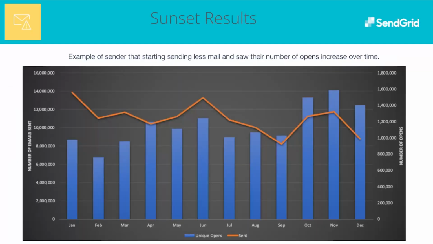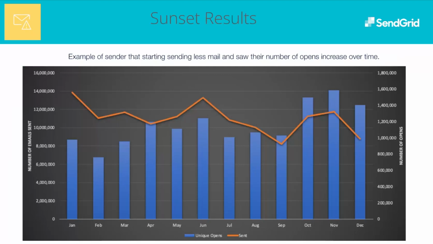This is an example of a customer I worked with that implemented stricter sunset policies on how they were treating their inactive audience members. When I try to get this point across to certain senders, it is kind of tough to wrap your head around that by sending fewer emails, we're going to get more opens.